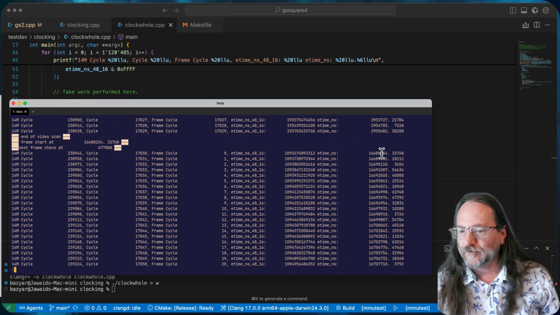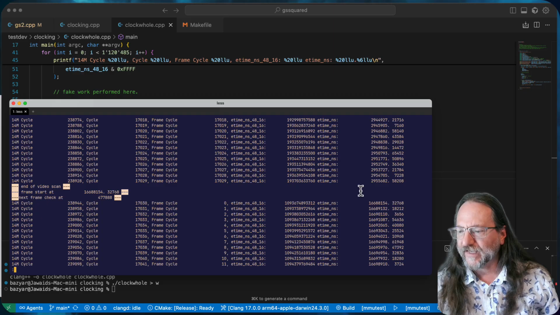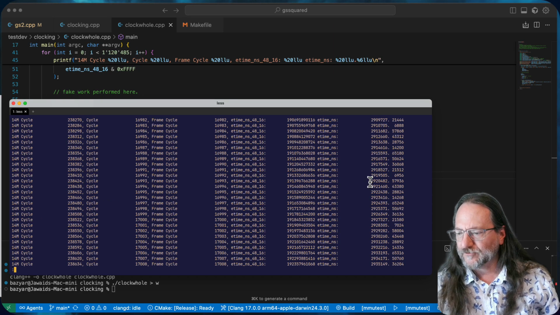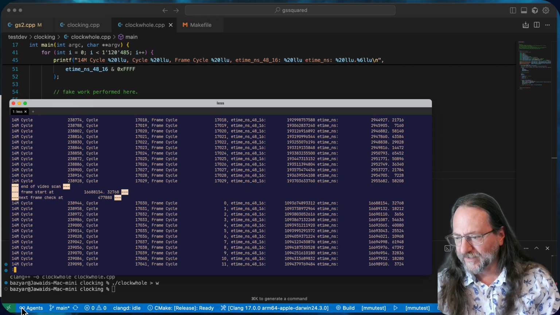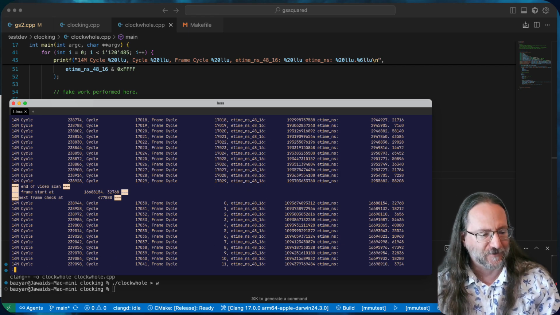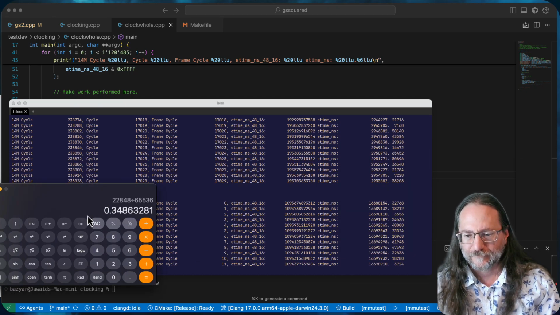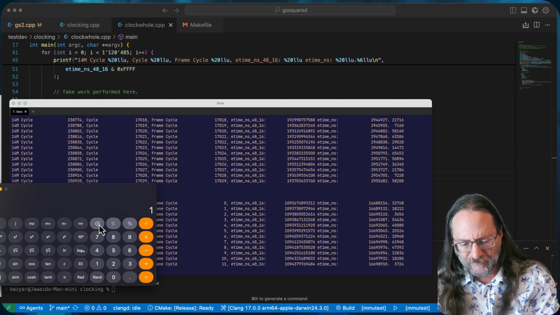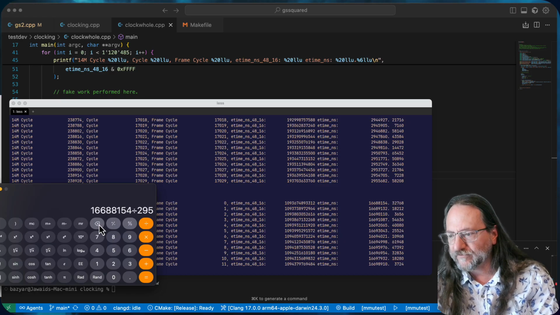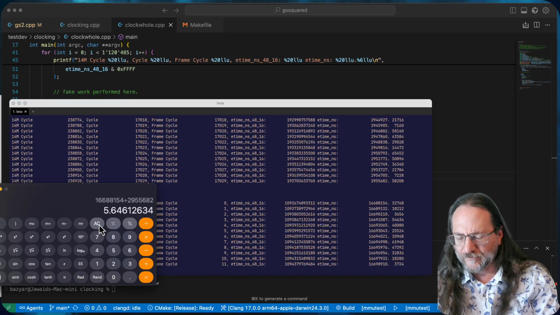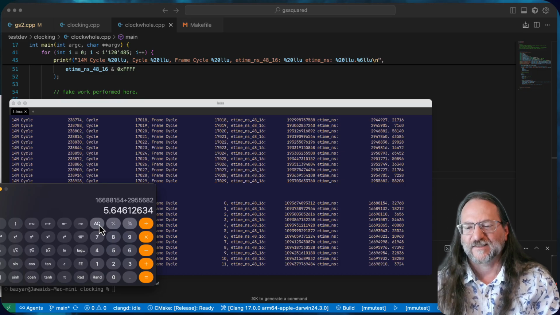Aha, okay. So this cycle I now have starting at exactly the right time. And this is not right. So how much is that off? That is an odd discrepancy. 16688.4 divided by 2955. 5.6.